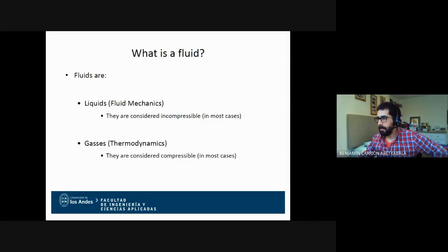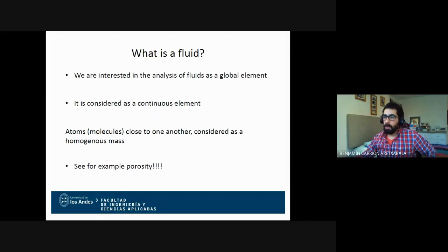We're mostly interested in fluids on a global scale. For engineering purposes, we don't mind much about the chemistry of the water or the molecules of water, but rather water as a continuum.